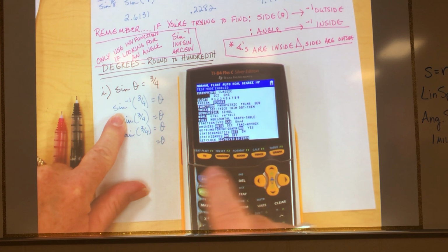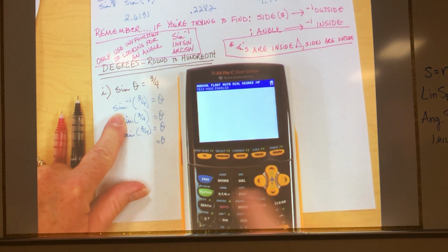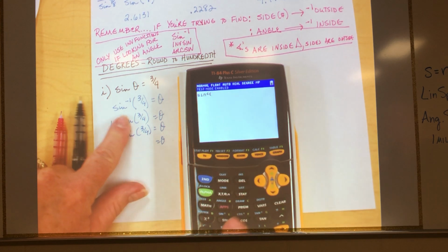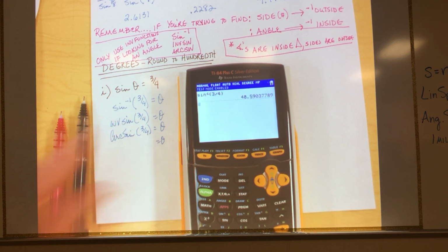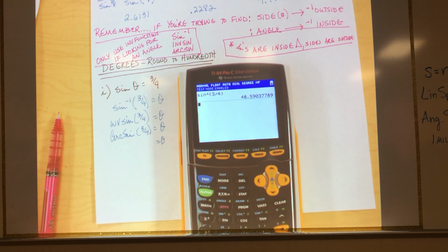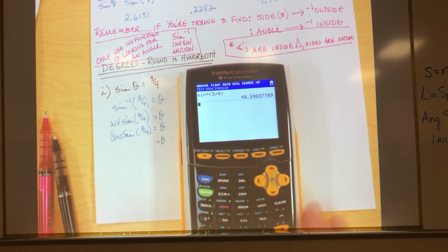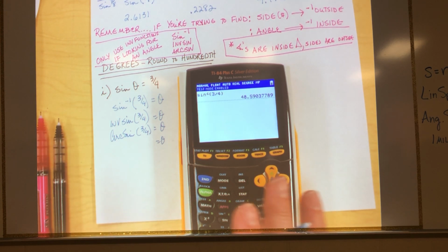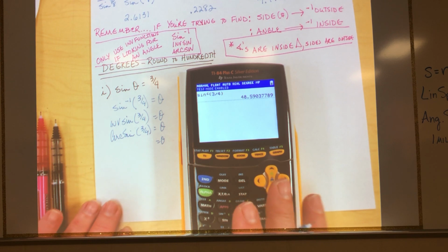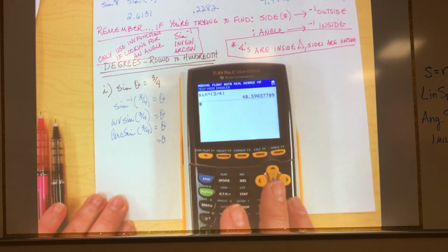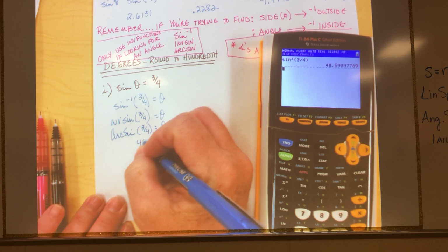I'm in degrees, so I'm good. I go second and sine. There's my inverse sine of 3/4. I'm rounding to 2 decimal places because that's the hundredths place, and it's 48.59 degrees.